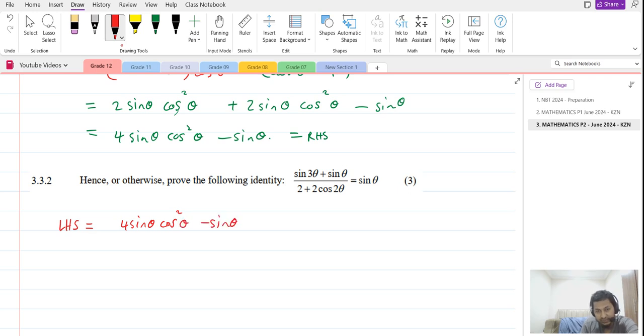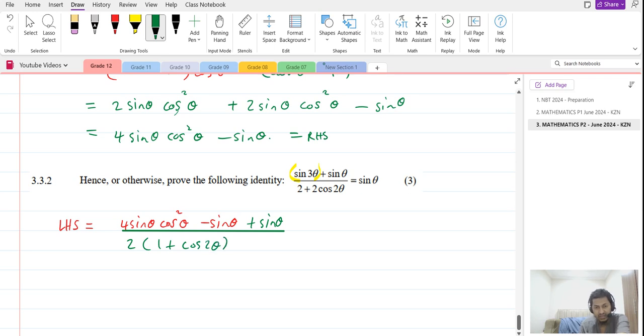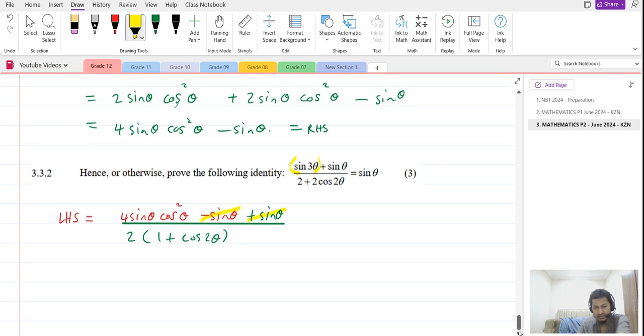Remember, I only replace the sine 3 theta here, and then plus sine theta remains the same, divided by 2 plus 2 cos 2 theta. I'm going to take out 2 as a common factor. I'm left with 1 plus cos 2 theta. And remember, this one cancels out with this one. Those two cancel out. Now we've got a problem here because we've got cos 2 theta here.